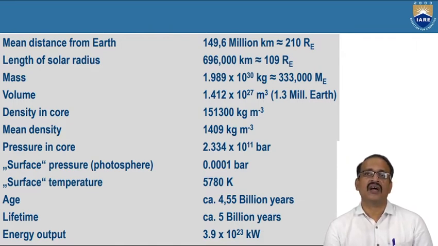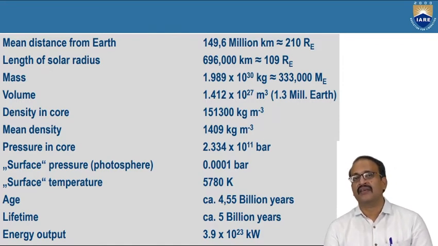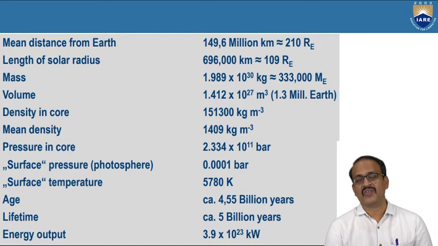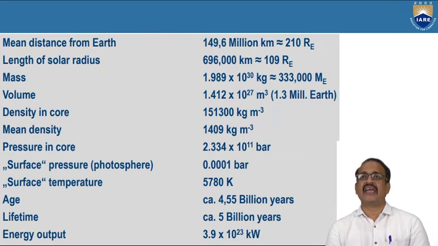And the mean density is 1,409 kg m to the power of minus 3. And the pressure in the core is 2.334 into 10 power 11 bar. And the surface of the photosphere is 0.001 bar. And the surface temperature is 5,780 K.